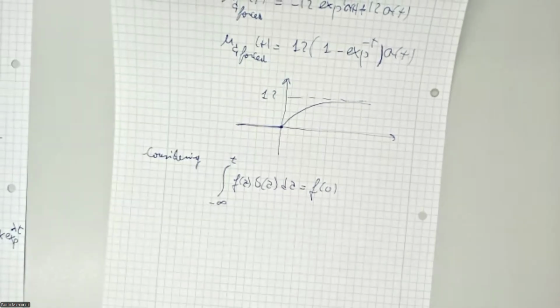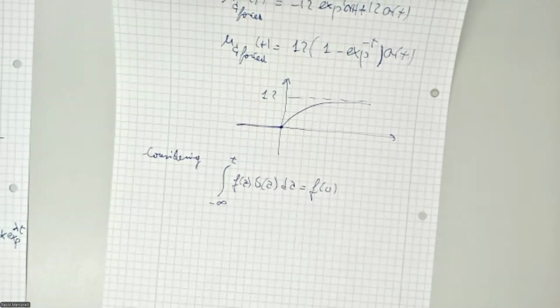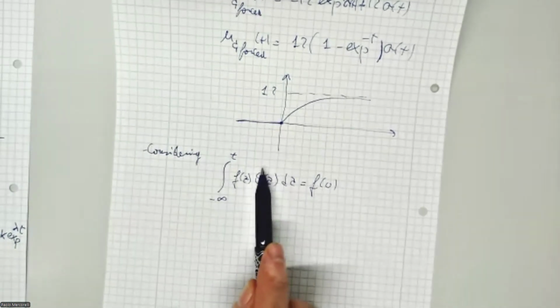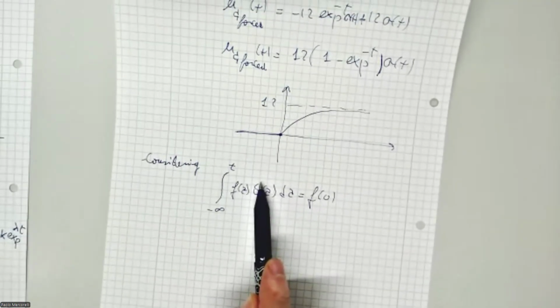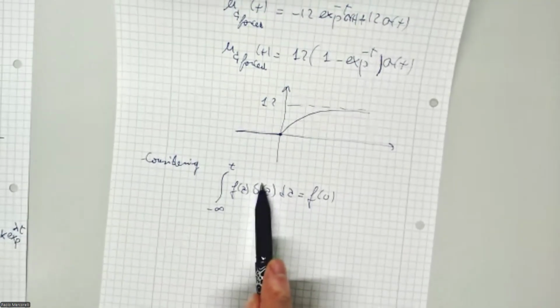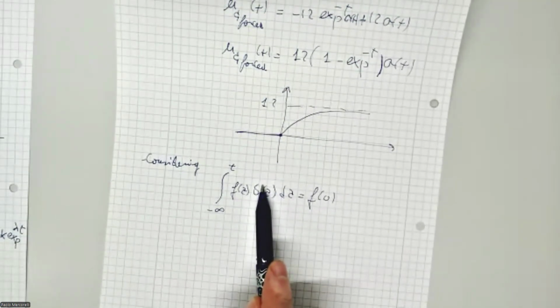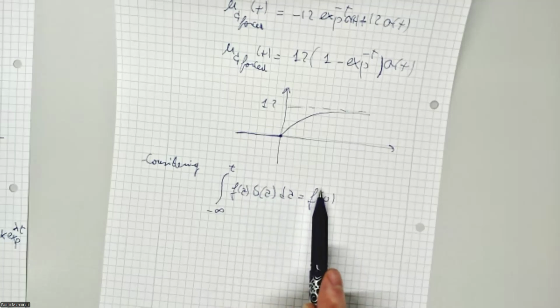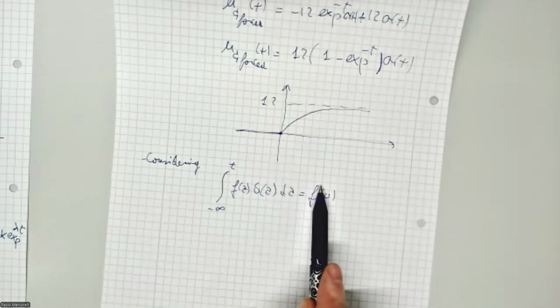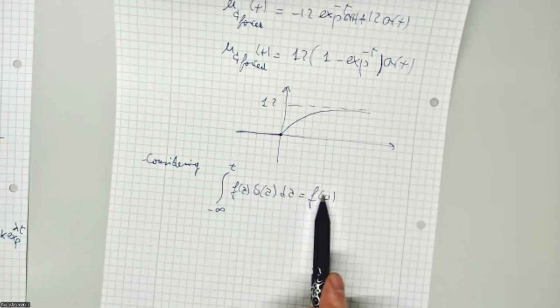Yeah, this is another characteristic of the delta function. It's quite similar to the distribution. We have seen for the distribution multiplied by, if the multiplication is by the derivative, we have here minus the derivative of this. You remember this.